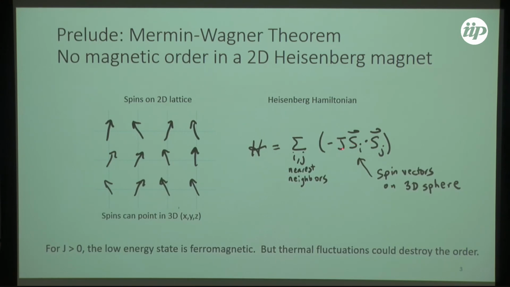So all these spins will want to be lined up parallel in order to minimize this energy. Okay? And then, of course, if you have some temperature, then it's the free energy you care about, and then it's possible that it will not order, or at least at some temperature it's going to disorder, right? So the thermal fluctuations could destroy the order that you have at T equals 0. So this is the theorem, okay?